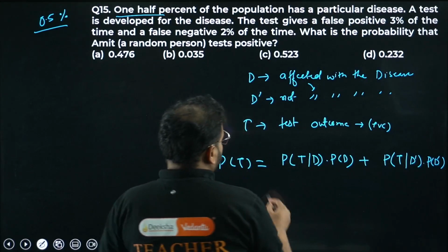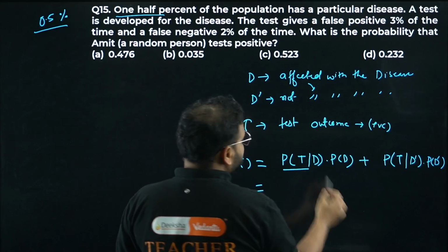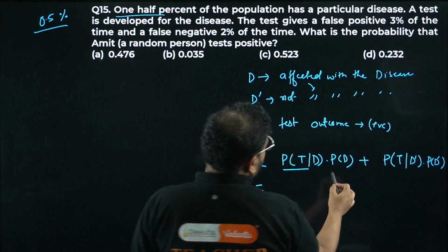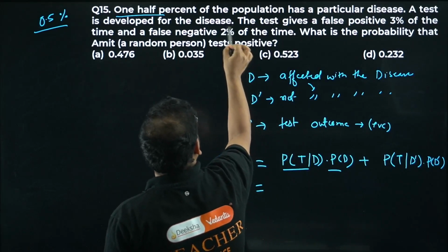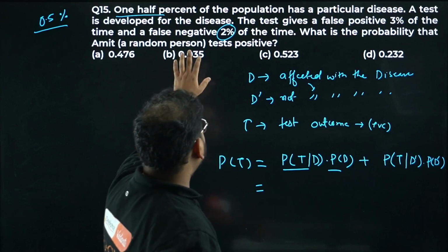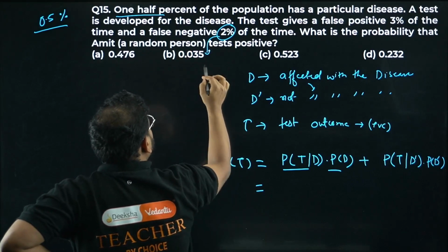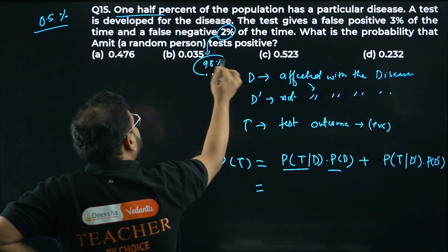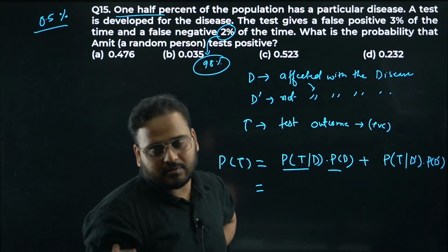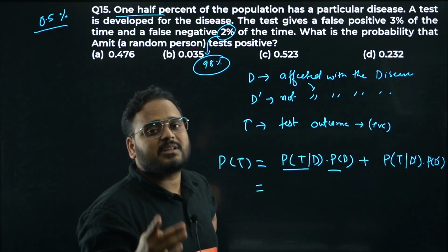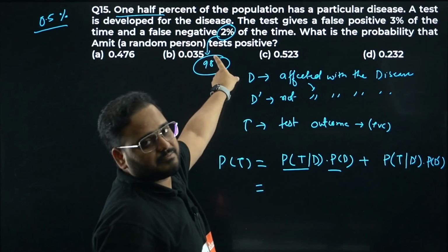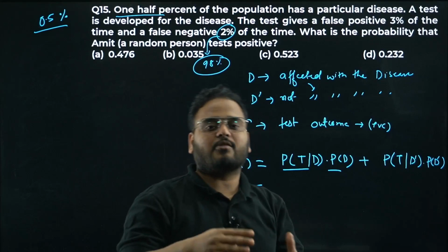Now the chance of testing positive when the disease is there: we have 2% negative, so what is the chance of accuracy? 98%. He has the disease, and for him to get the right test outcome, the chance is only 98%, because 2% is false negative. False negative means somebody has the disease and the outcome is negative.